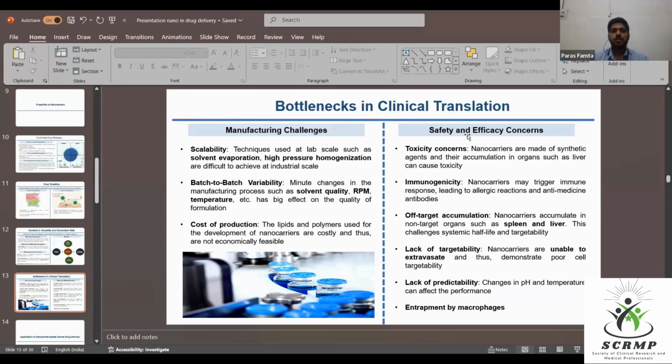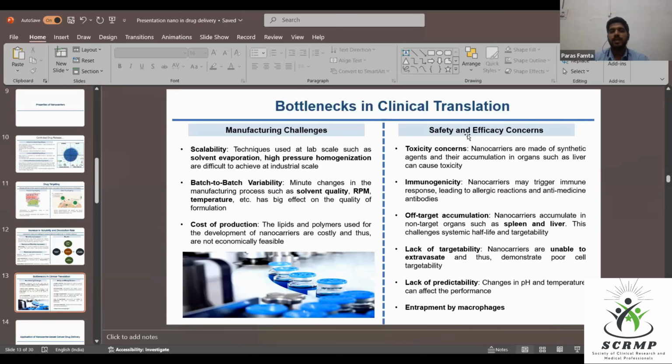So these development processes are very critical, and very sensitive to small changes like rpm also, the rate at which you are stirring your sample. If we change it by just 50 or 100 rpm, the whole product will change.